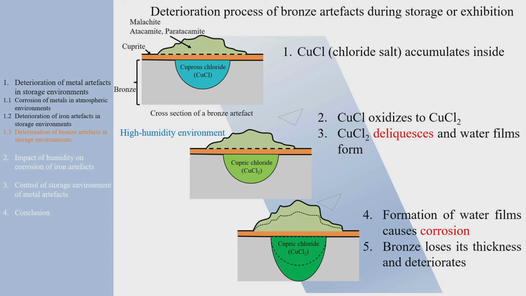Like iron artifacts, when such a bronze artifact is placed in a high humidity environment, the copper chloride deliquesces and causes water films to form. The formation of water films promotes further corrosion of the artifact, and more corrosion products, such as basic copper chlorides, are produced. In addition, formation of pitting corrosion causes the metals in the bronze to corrode, and the artifact loses its thickness.